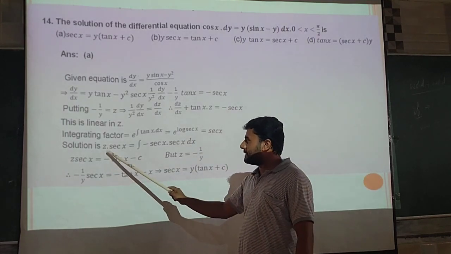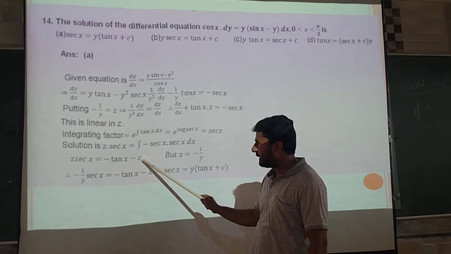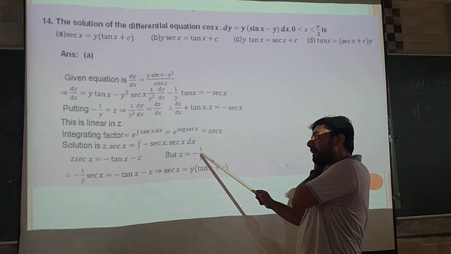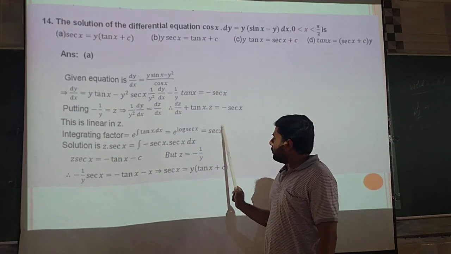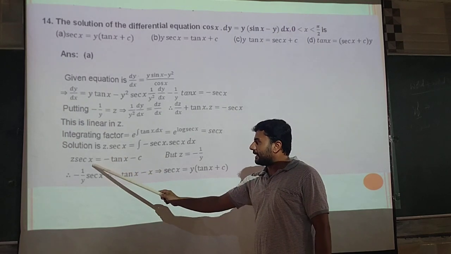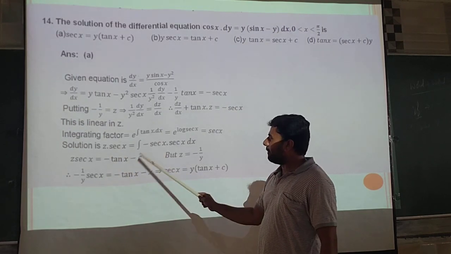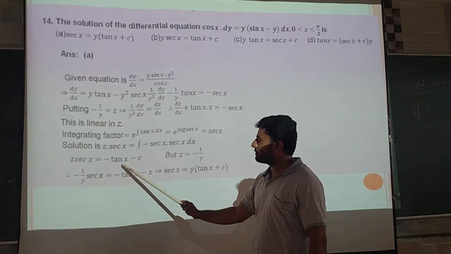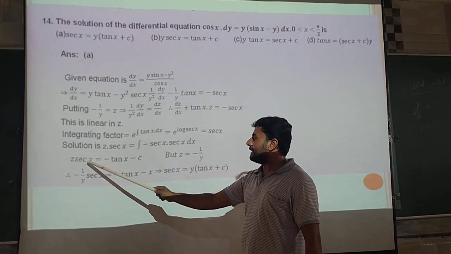Then the solution is z into secant x is equal to integrate minus secant x into secant x with respect to x. Here the z into secant x remains same, integrate minus secant square x, and the integral of secant square x is tan x.